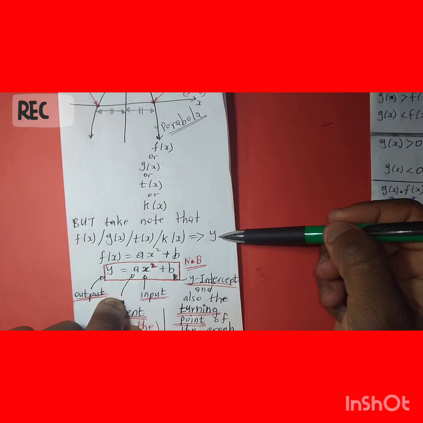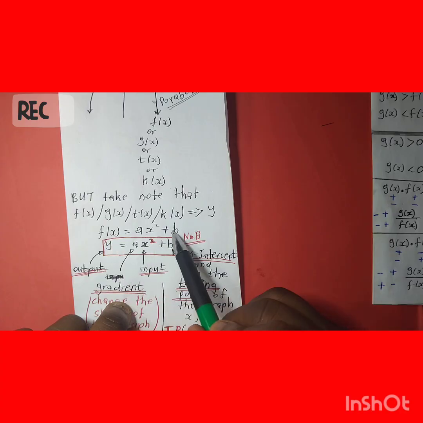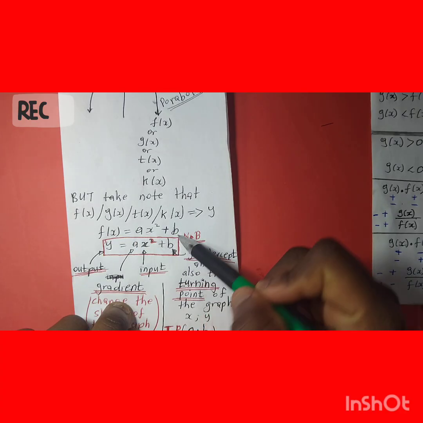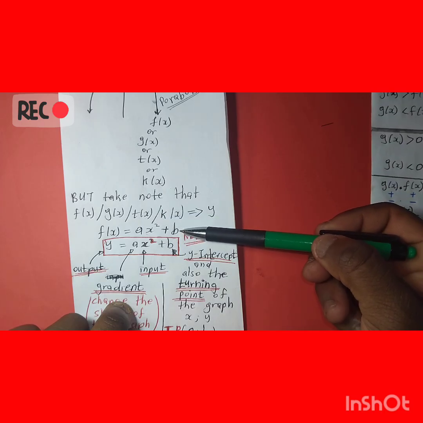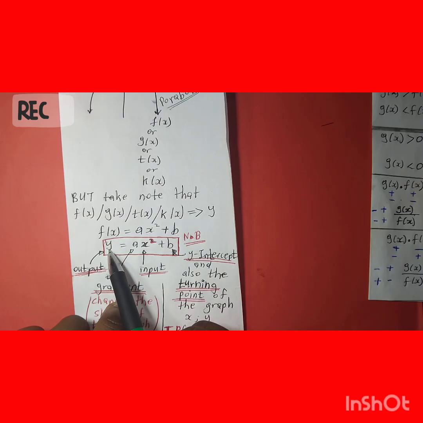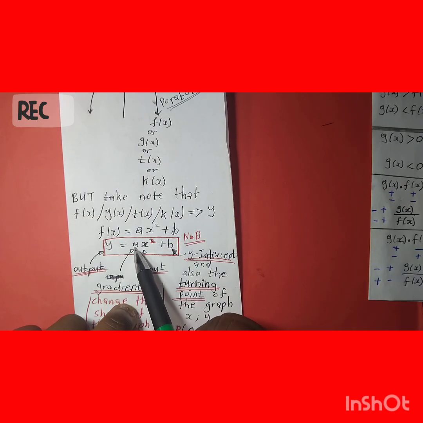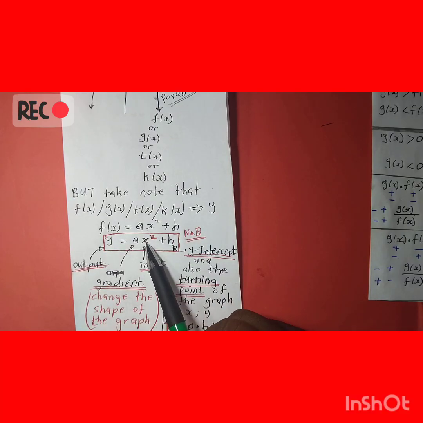This is the standard equation of a parabola, meaning that a parabola's equation must be in this form, whereby something here is your y value, and this one is what we call a gradient. This is the gradient a, and this one is your x value, and the x value, guys, is also called the input.